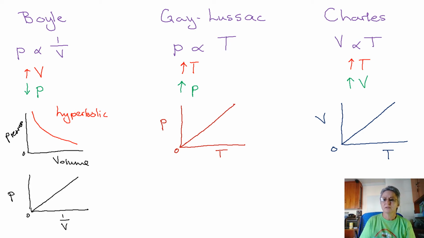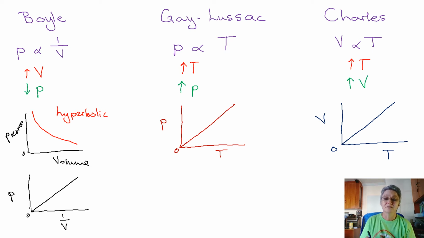So, just to conclude here, for an ideal gas, the volume can be reduced to nothing, and then the pressure theoretically is extremely high.